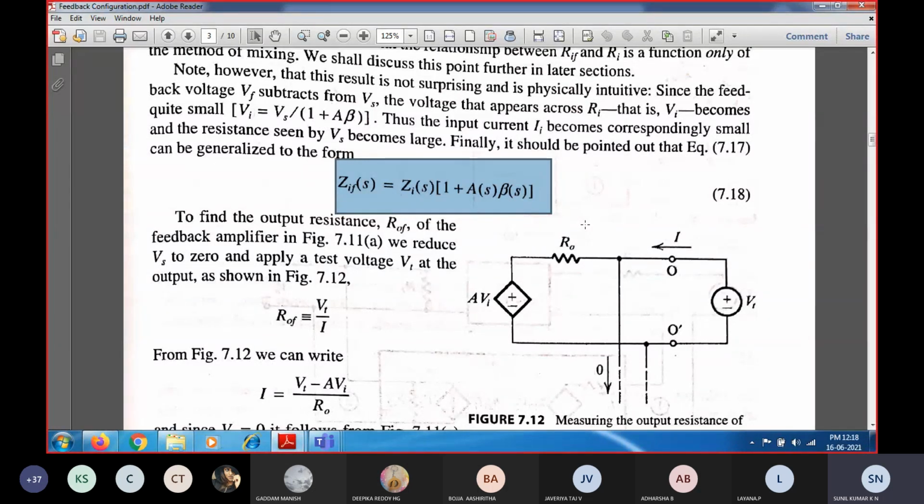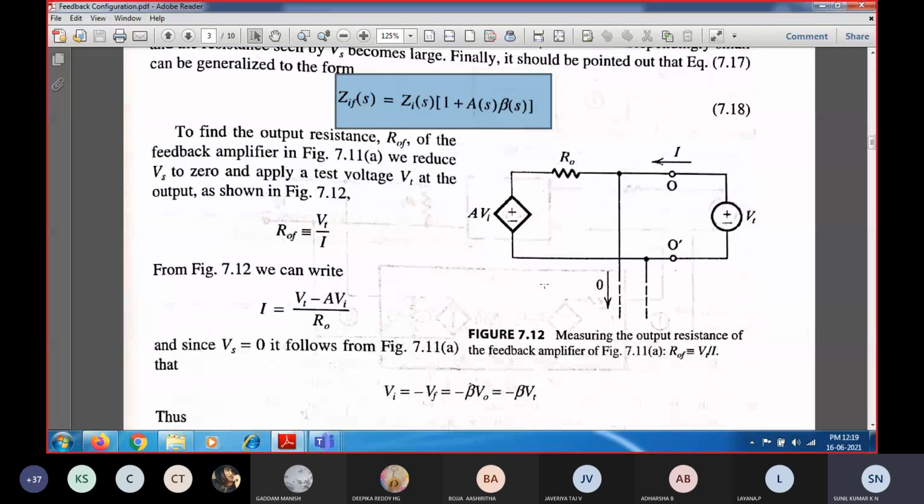For that Vt, some current I is drawn by the output side. If I know the value of the current I and the test voltage, we can easily find the value of the output resistance. That is the procedure.